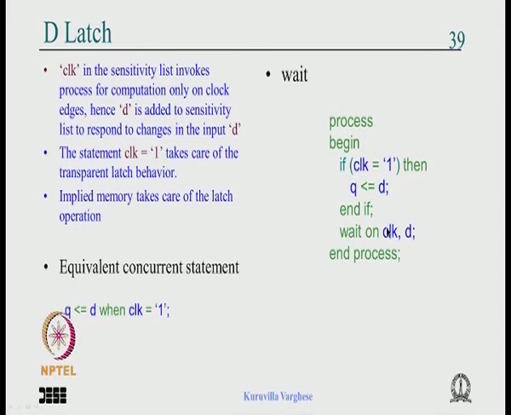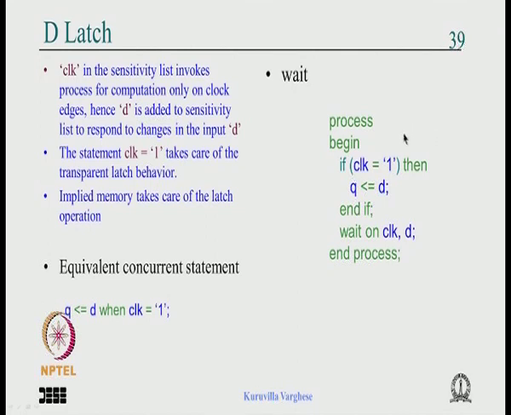It's exactly identical. Either you specify clock and D in the sensitivity list, or at the end you say wait on the same signals. Mind you, you should not do both, then it doesn't work, because it waits for an event on this, computes, then waits for an event on that, and gets stuck there.